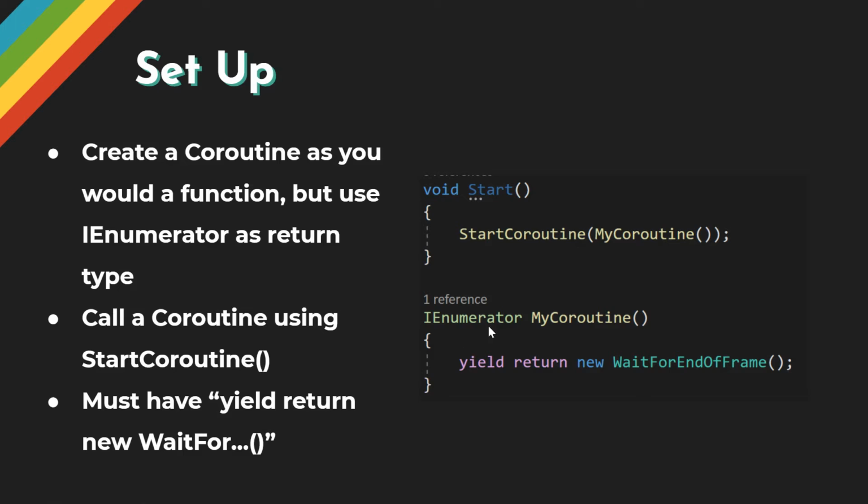This creates your coroutine, but then it needs yield return new WaitFor, and I'll talk about different types of WaitFor, but you have to have this exact syntax there. After some time I eventually learned: it's yield, then return, then new, and then that.